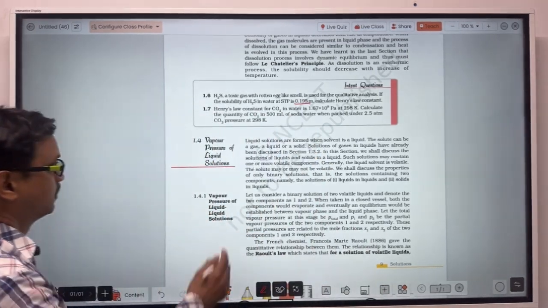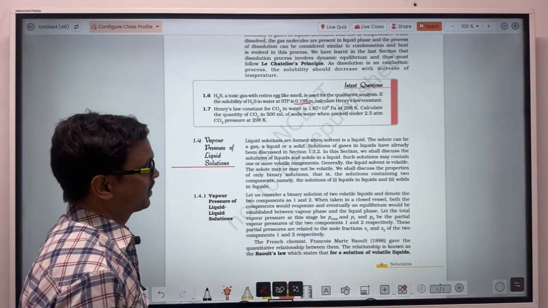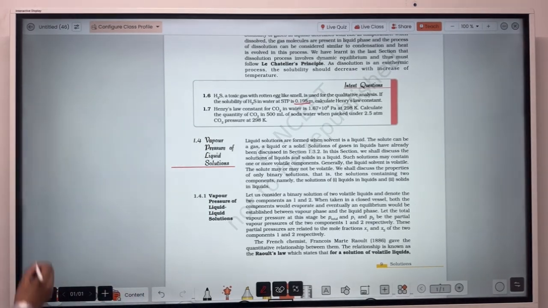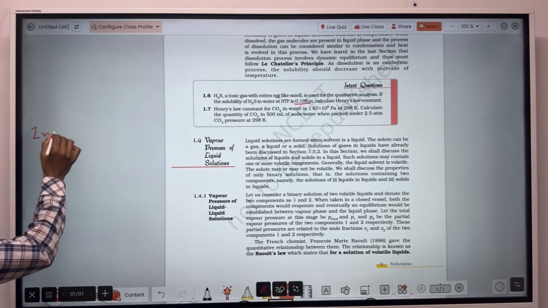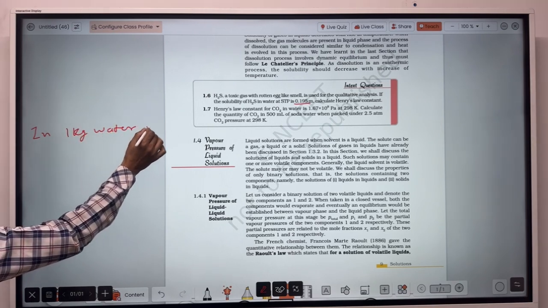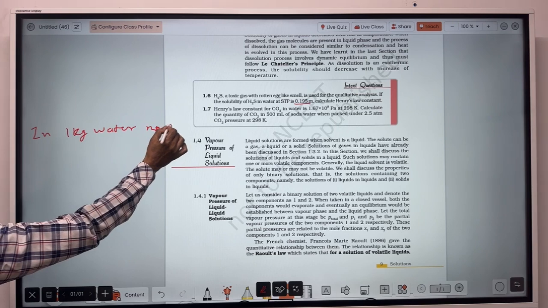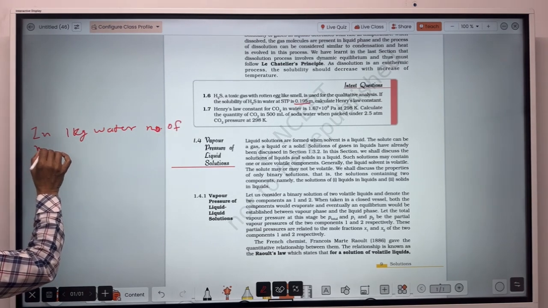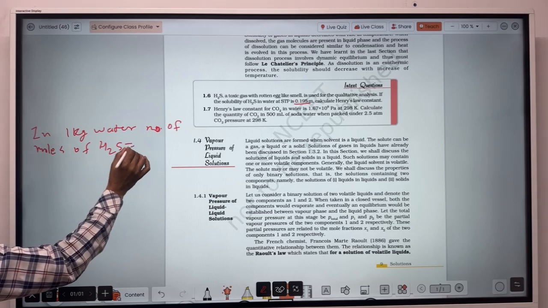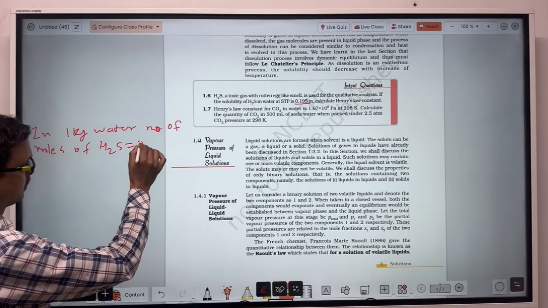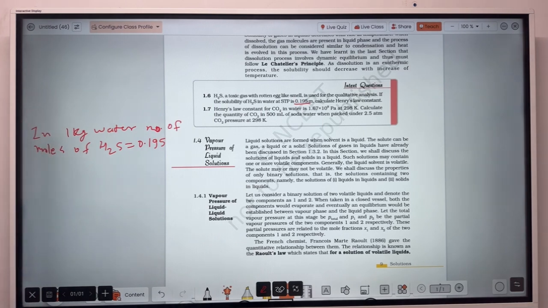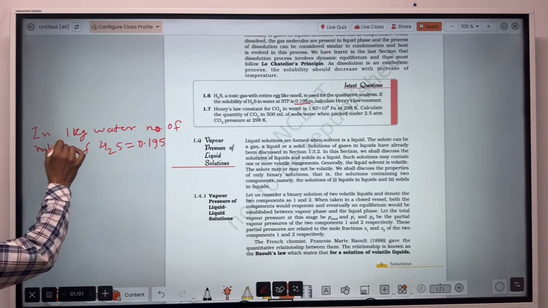So molality is 0.195. That means in 1 kg water, the number of moles of H2S is 0.195.